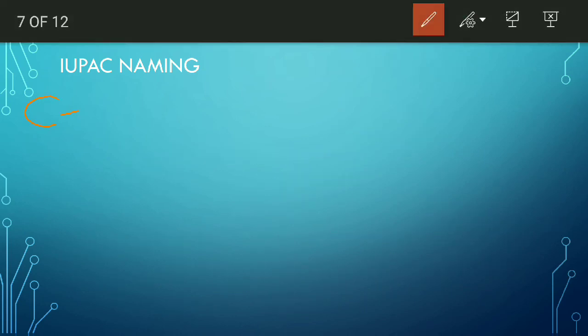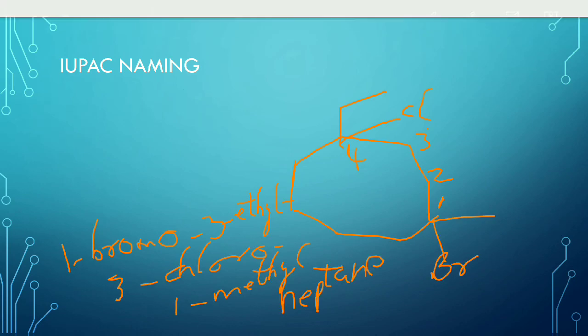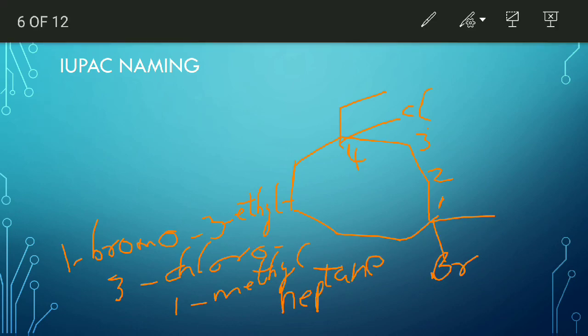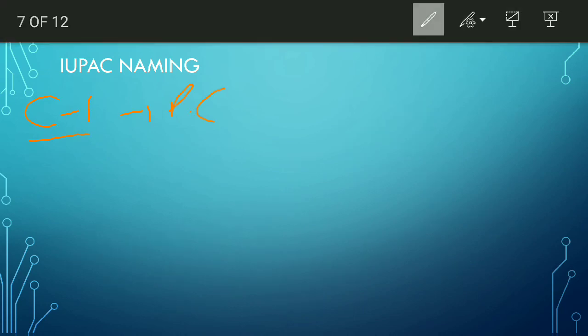Case 1 is when the ring is the parent chain, and we would do it in the manner we have already discussed. Case 2 is when the ring is not the parent chain, when it is a locant, then the case would be like this.